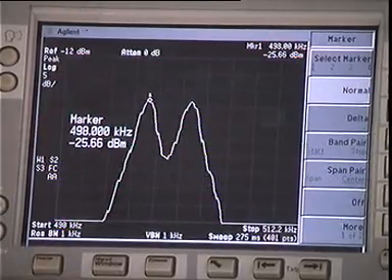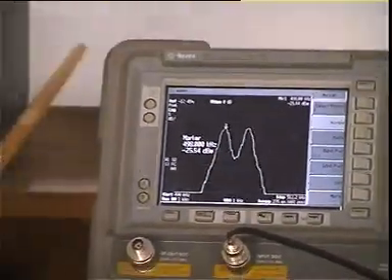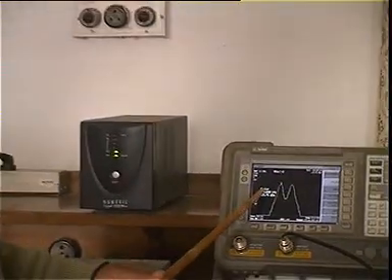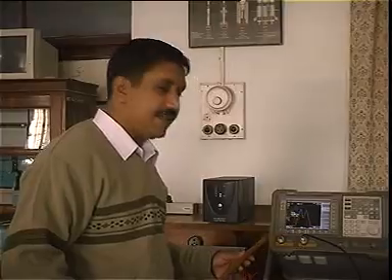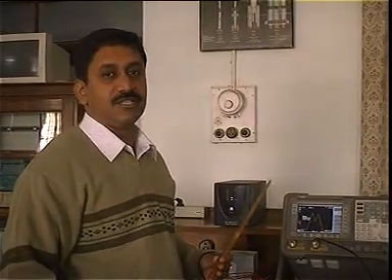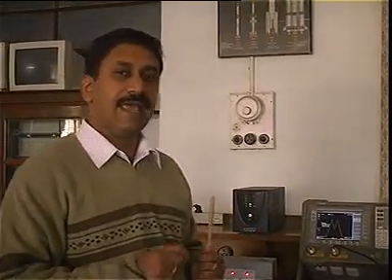So this is a situation where I have double sideband suppressed carrier. The peak positions are still 498 kHz and 502 kHz, but I don't have a carrier component as such. In this situation it is simply m(t) multiplied by cos omega_c t. So we call this kind of waveform double sideband suppressed carrier.